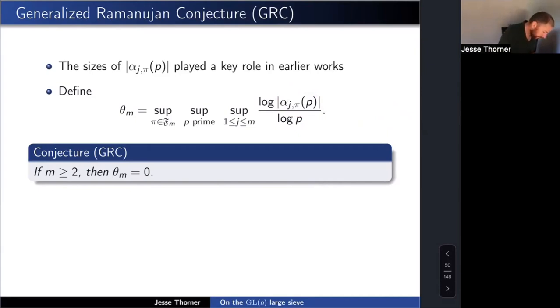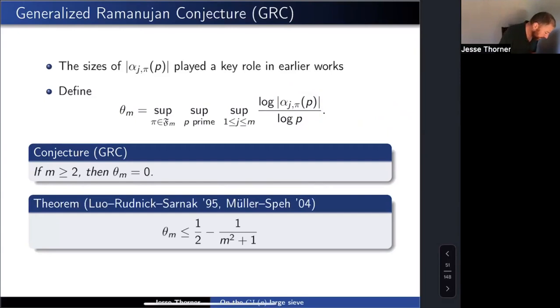So the generalized Ramanujan conjecture is this. We only know it in a handful of special cases. This is the best bound that we know in full generality, that theta_m is slightly less than 1/2, with a savings that's decaying with m.